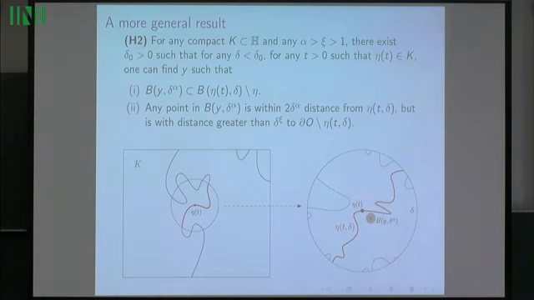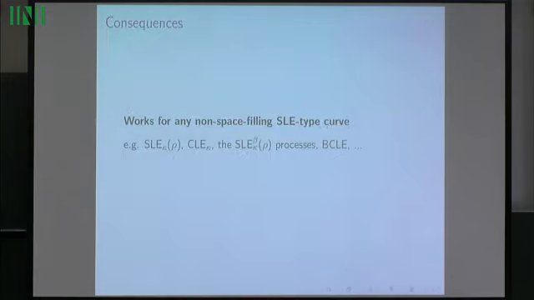So with these two conditions, as I said, it should work for any type of such SLE curves: SLE kappa rho, CLE, and the more exotic SLE kappa beta rho, a boundary CLE that Miller, Sheffield, Werner defined.